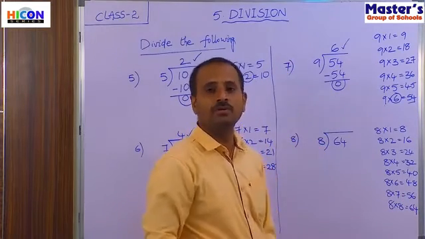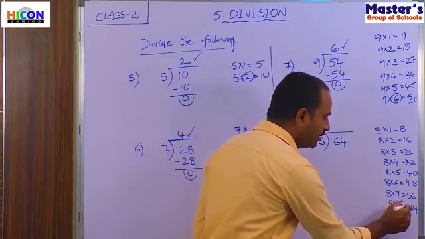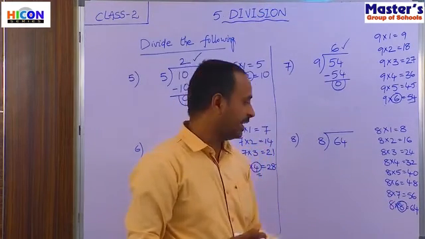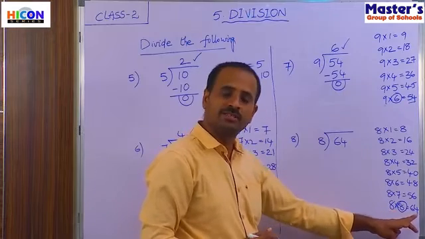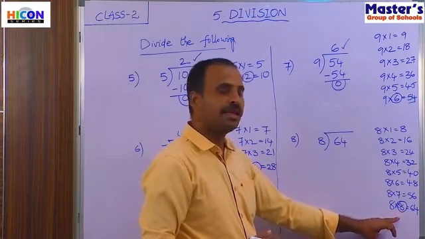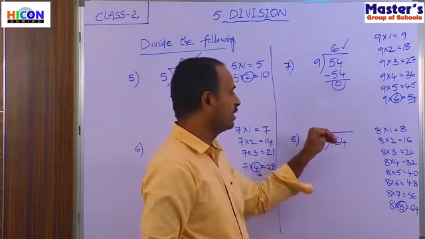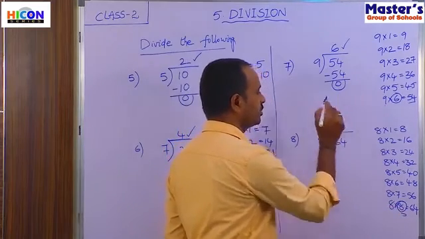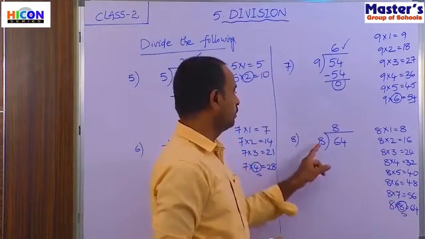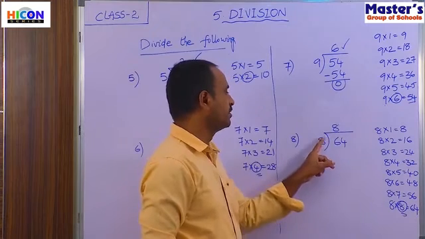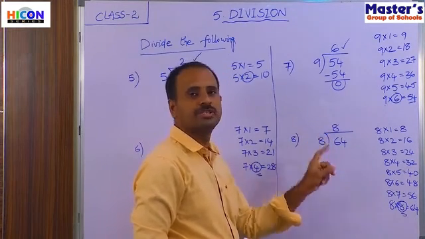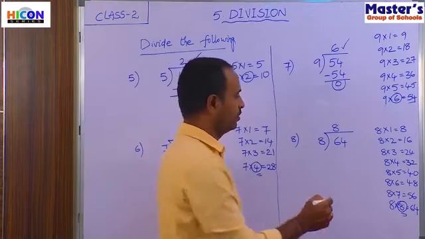How many times do you have to take? You have to take 8 times to get 64. Write this 8 in the quotient on the line above the dividend. Now multiply these two numbers, 8 into 8. 8 eights are 64.